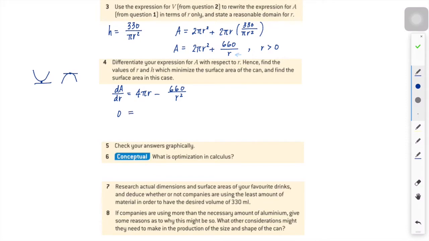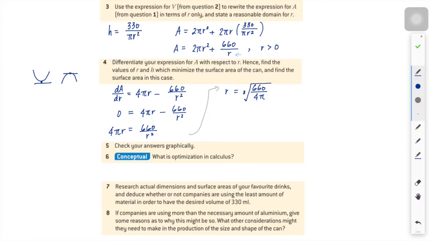So we have 4 pi r minus 660 over r squared. Since there's only one single term, I don't have to worry too much about the r's. I can bring this over. Continuing on the side here, r cubed equals 660 over 4 pi, and then cube root.